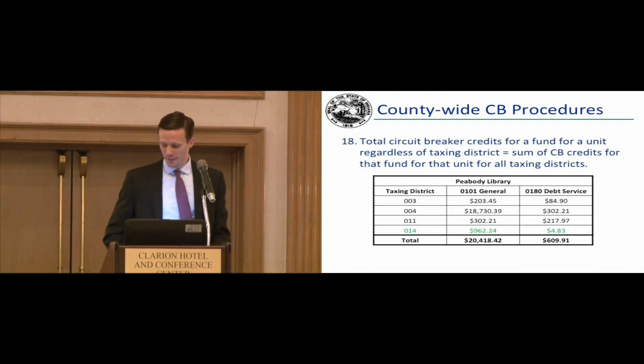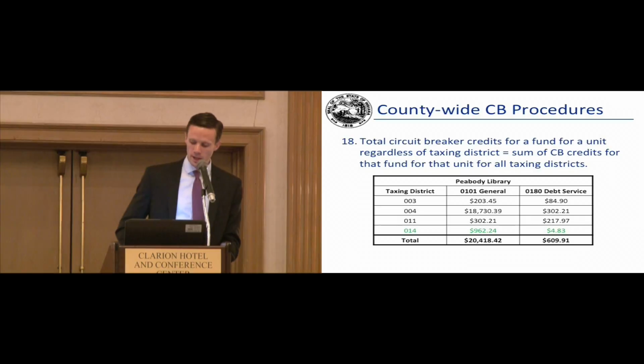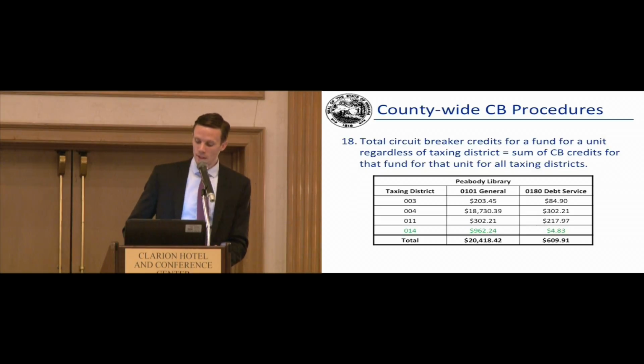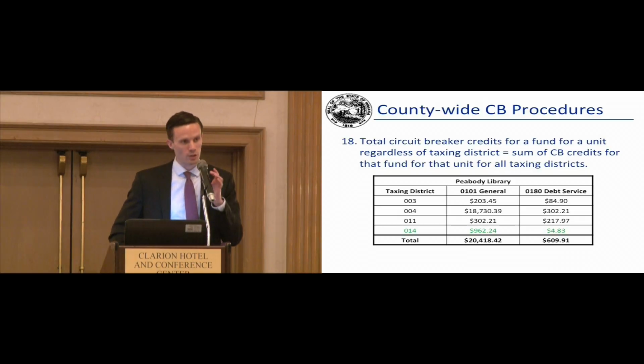Okay, so now that we're back up and going again, the total impact for Peabody Library, we have two different levy amounts: the certified levy amount, the levy based on the abstract assessed values, and then we're going to have the total circuit breaker credits. On this particular line, if we wanted to think about it in terms of Whitley Consolidated Schools, this line is going to be the total impact to the taxing unit. And then down below, we're going to break down what the impact is to each fund for that taxing unit.